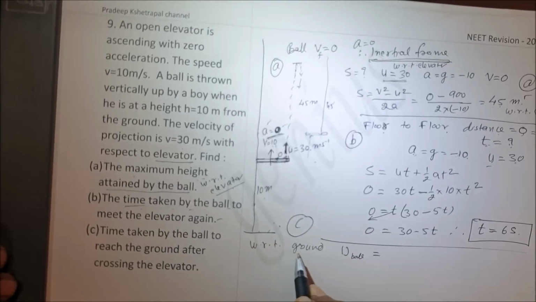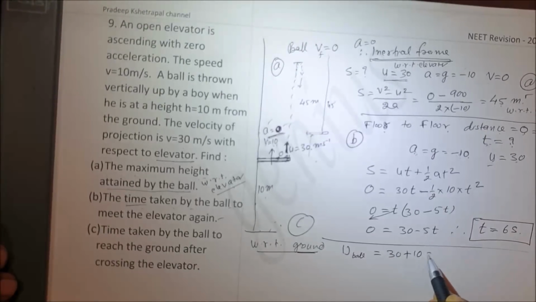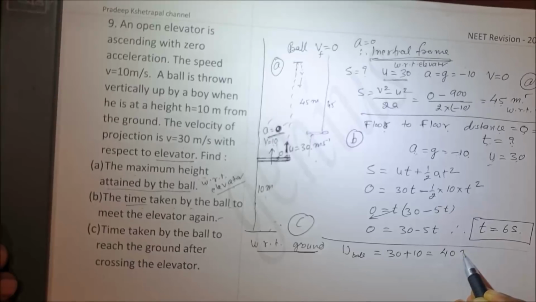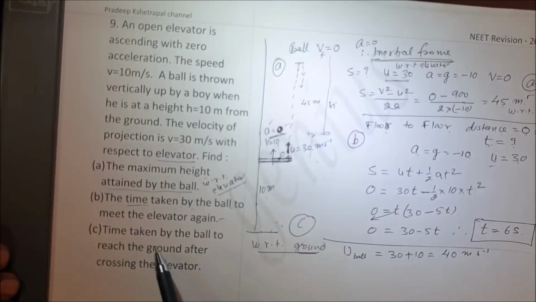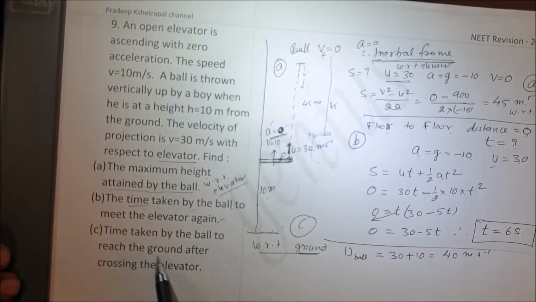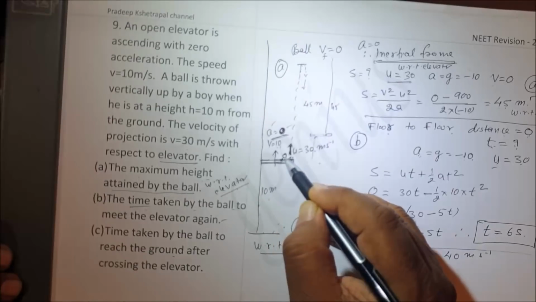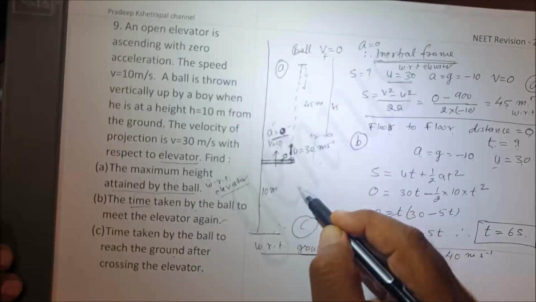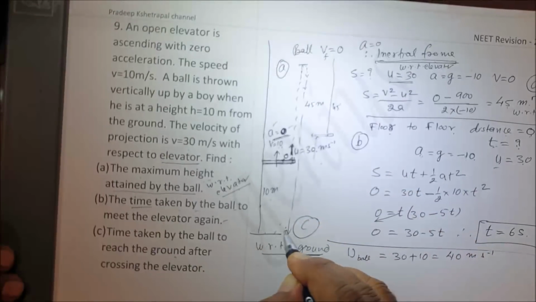U ball with respect to ground is 30 plus 10, which is 40 meter per second. Now to reach the ground, from here this is the initial position, it goes up, comes down to the ground here.